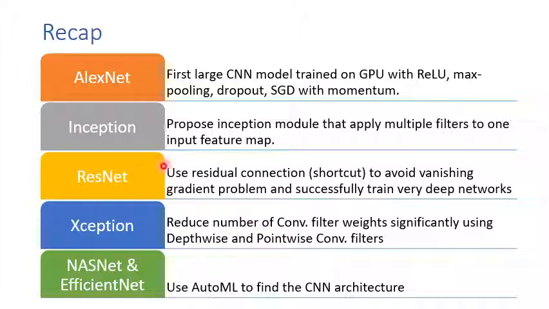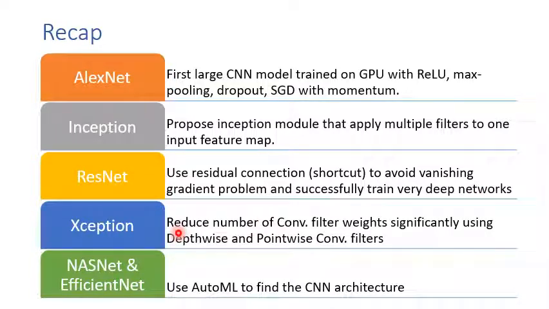Next is ResNet. ResNet proposes the residual connection, or shortcut, to avoid the vanishing gradient problem. The shortcut lets the feature map bypass the convolution layers, and it successfully trained very deep networks, as deep as thousands of layers.